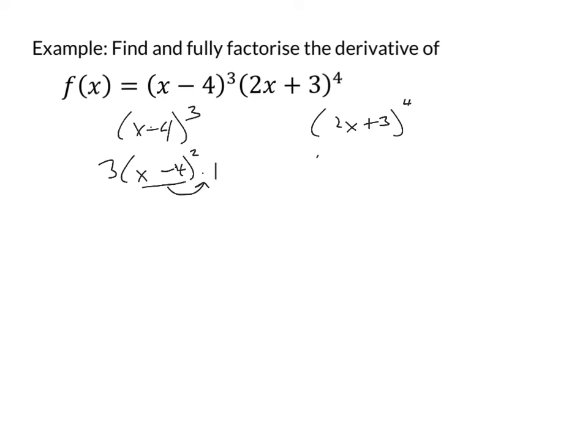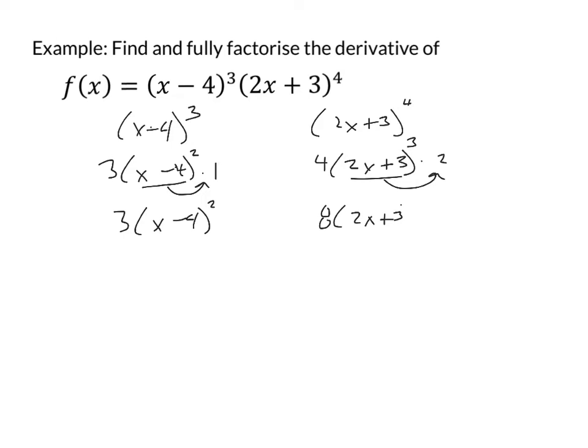On the second one, this derivative will be 4 times 2x plus 3 cubed, times the derivative of the inside, which is going to give me 2. So I want to simplify those a little bit. This is going to give me 3 times x minus 4 squared, and this one over here would be 8 times 2x plus 3 cubed.